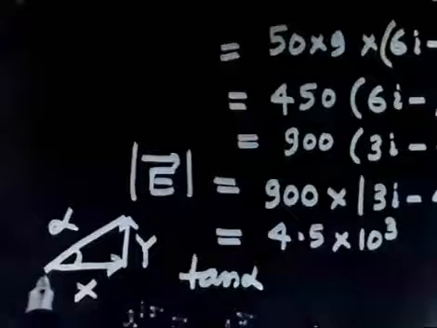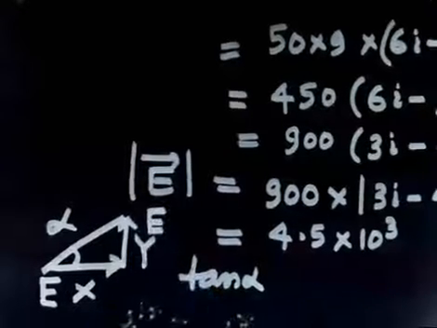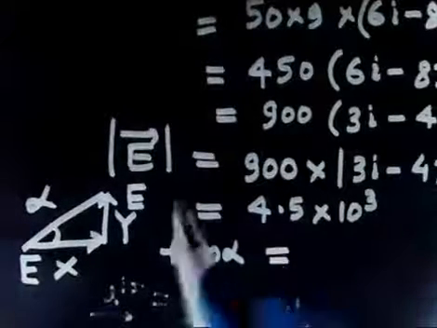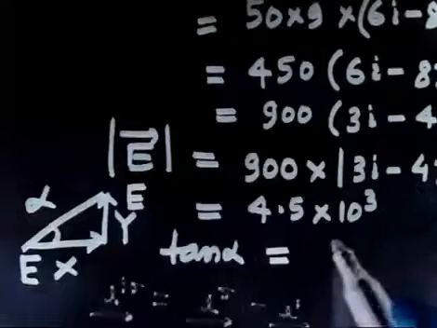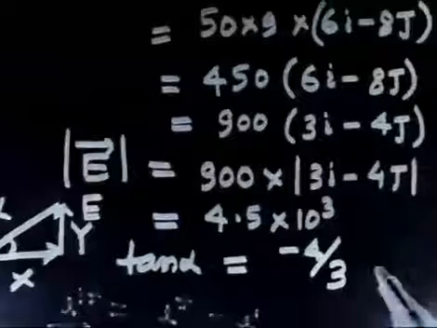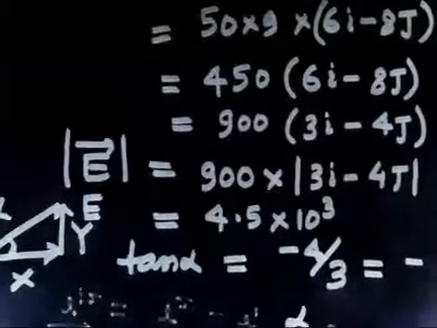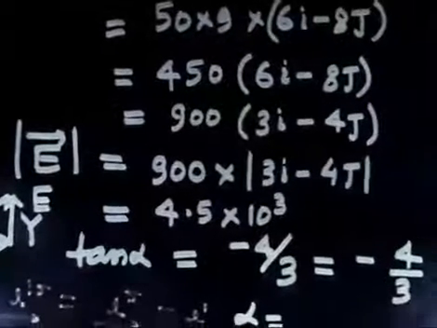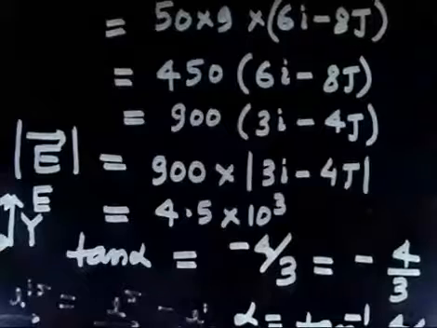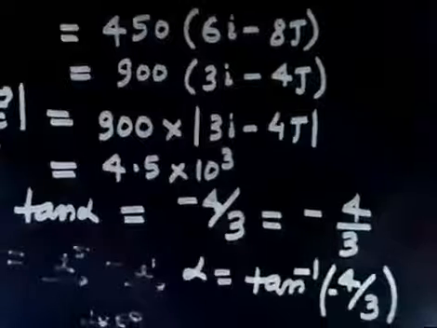Ex and Ey make an angle alpha with x, so tan alpha is Ey by Ex. Ey is minus 4 and Ex is 3. So alpha is tan inverse of minus 4 by 3. This problem is quite an easy problem.